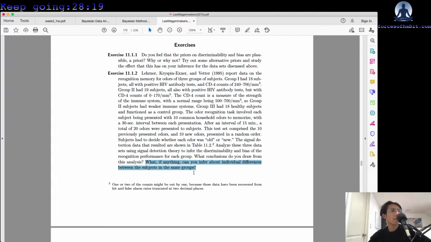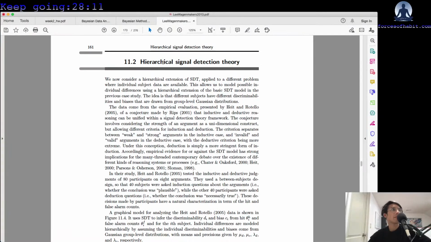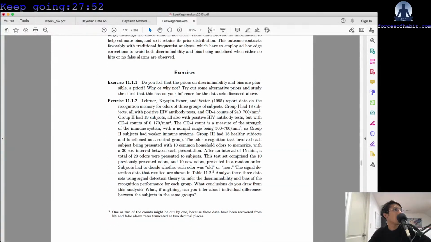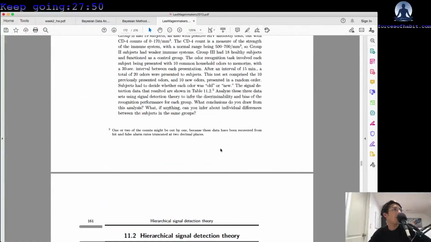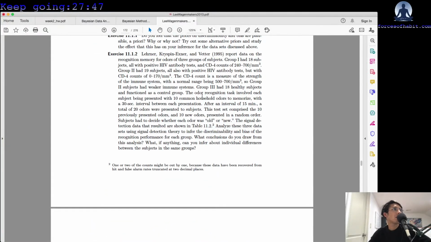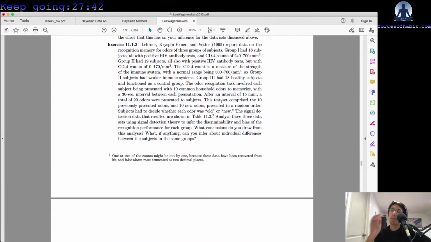So you can't infer anything from people from the same group. That's the niche and the giddy up here for this problem. So moving forward, perfect. Hierarchical signal detection is exactly the sort of framework we need to incorporate into the model if we want to account for how subjects with various, what do they call them, CD4 counts, how within a given group of subjects, the discriminability and bias could be different.